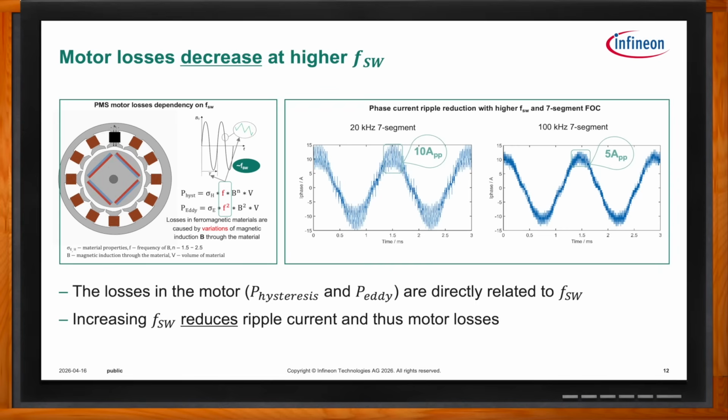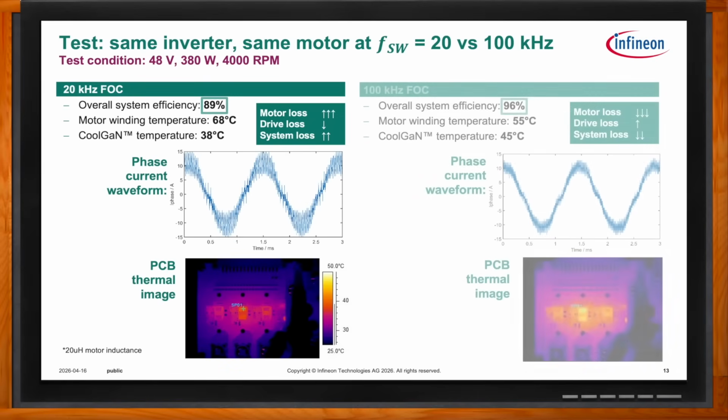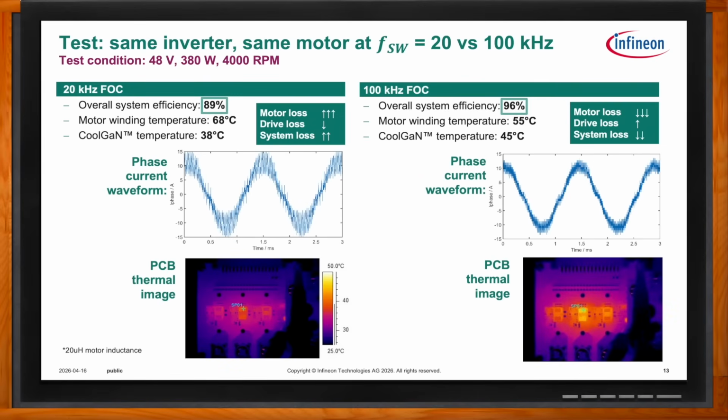Now the question is, well, how does that balance out versus the losses in the inverter going up? So we run a test. It's the same inverter, it's the same motor, and the same test condition. It's a 48 volt DC bus, 380 watts of measured mechanical power coming out of the motor at 4,000 RPM.